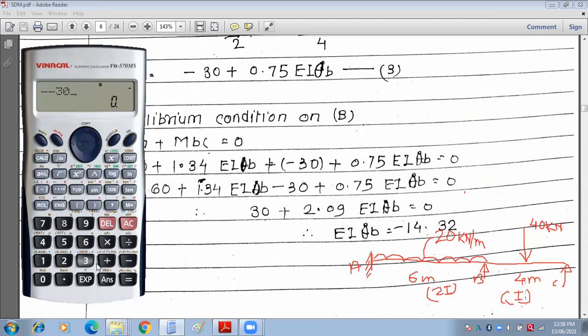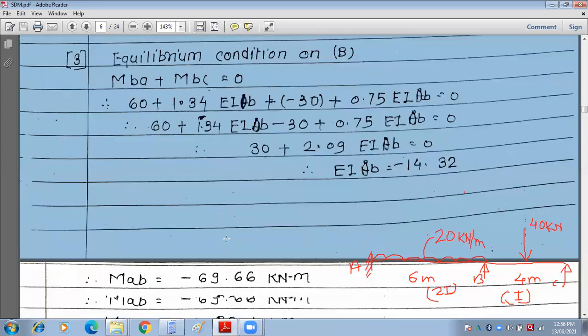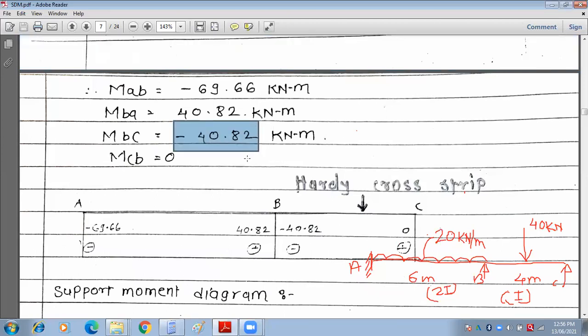Minus 30 plus 0.75 into bracket again minus 14.32, bracket complete, is equal to minus 40.74, minus 14.74 this term.